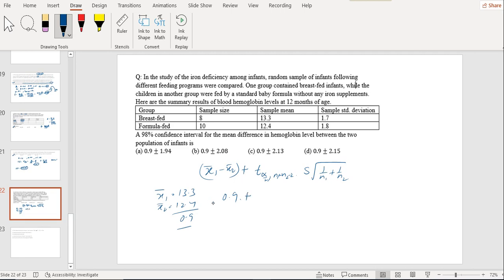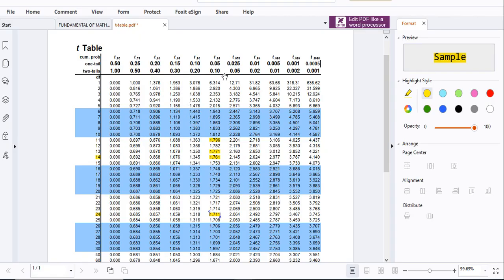Okay, so next is 2%. 2% means 1% from each side, so we are going to check the table for 1%. 1% means 0.01 from the right hand side, so 0.99. For two tail, it is also given here. So 2% level of significance, for how many degrees of freedom?